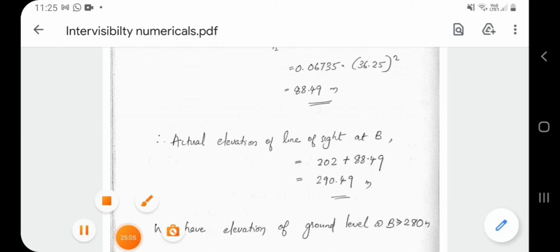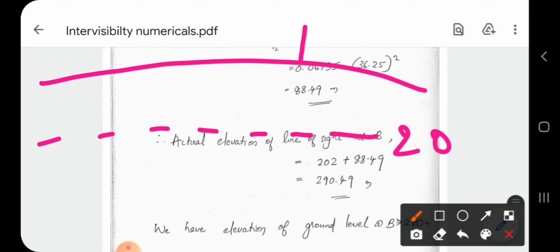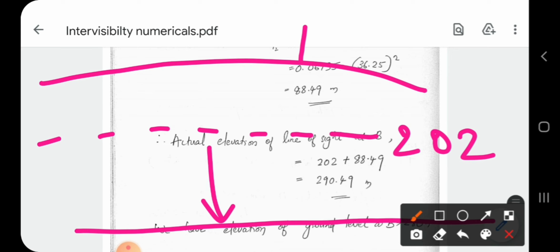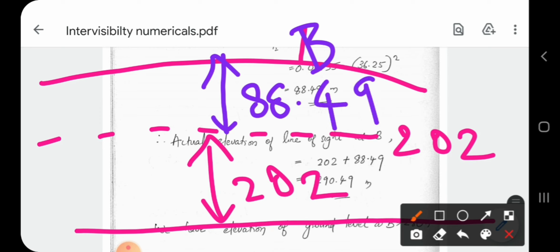Okay, that I will show like this. Suppose this is our station B, and we have taken our datum as 202 meters above mean sea level. Okay, and we got that the height of the ground level at B is 88.49 meters above the new datum.